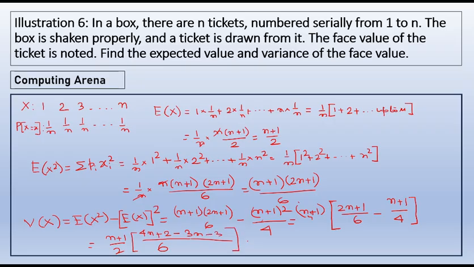So this will give you equal to n plus 1 by 2 multiplied by, here you get n, and then you get minus 1, because 4n minus 3n gives you n, and 2 minus 3 gives you minus 1. So this is n minus 1 by 6. So ultimately you get n square minus 1 divided by 12. So this is the variance of this particular expression.